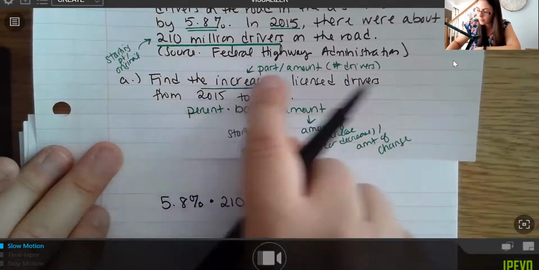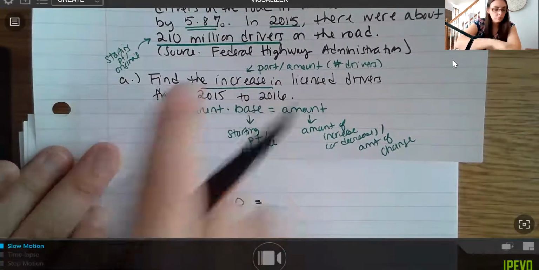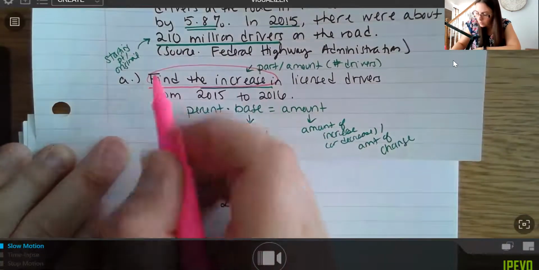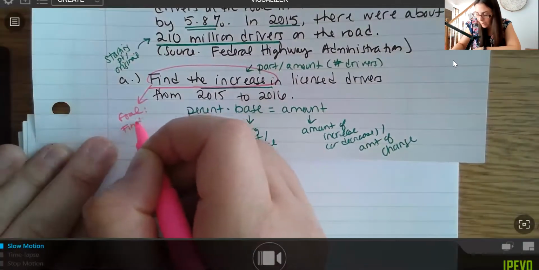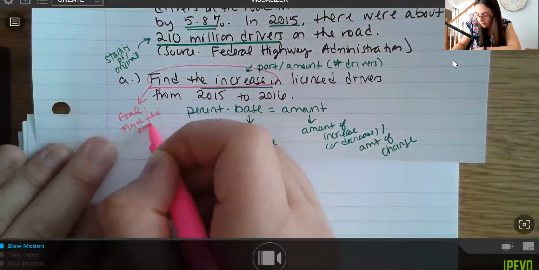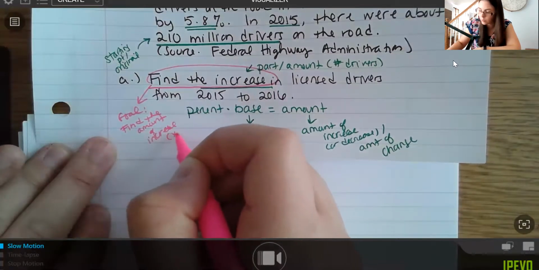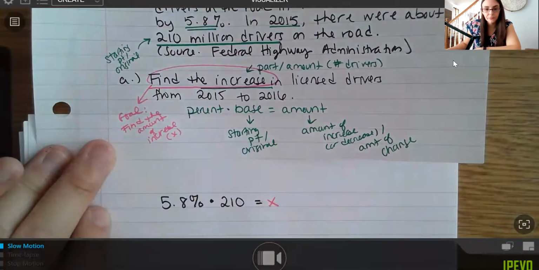Now, I don't know the amount, right? That's what we're trying to find here. That is our goal. So find the increase. Our goal here is to find the amount of increase, so that's going to be our x. So my x is right here.